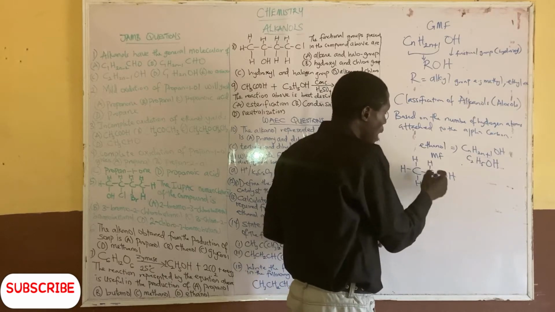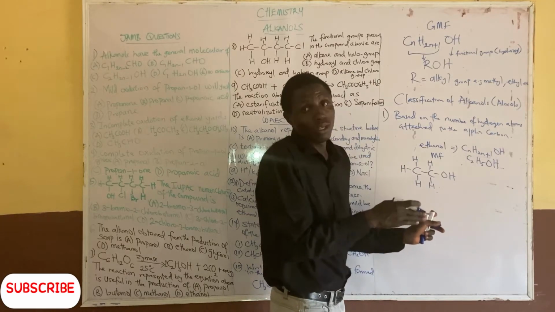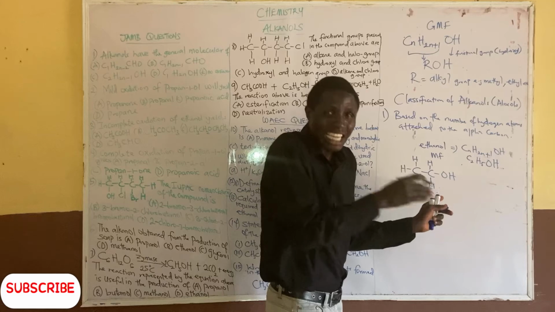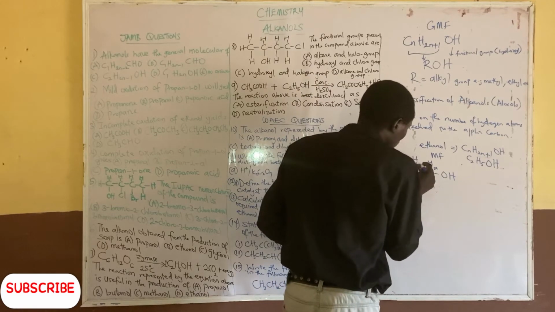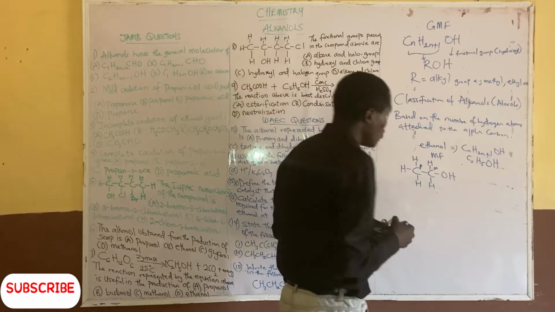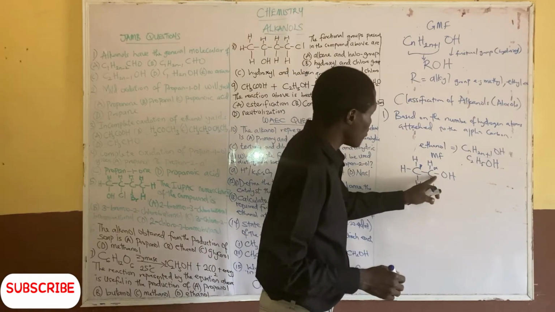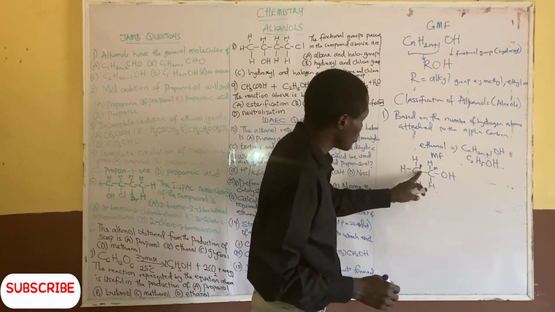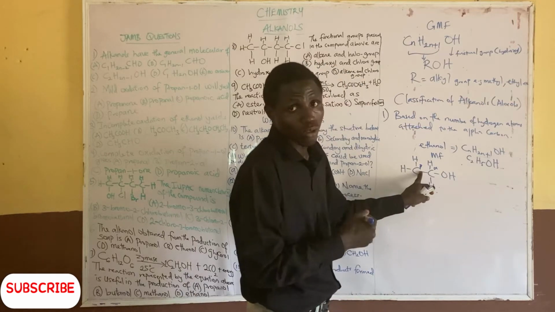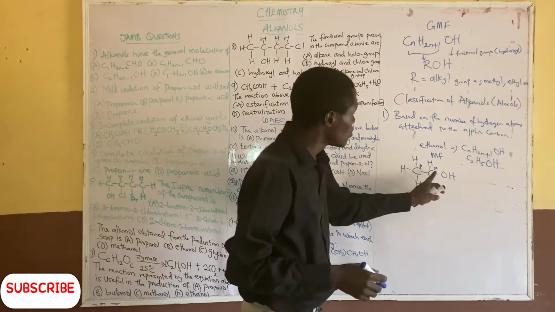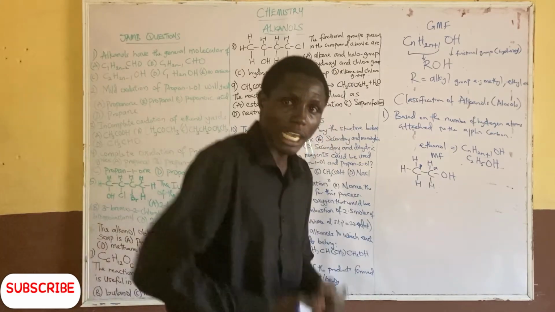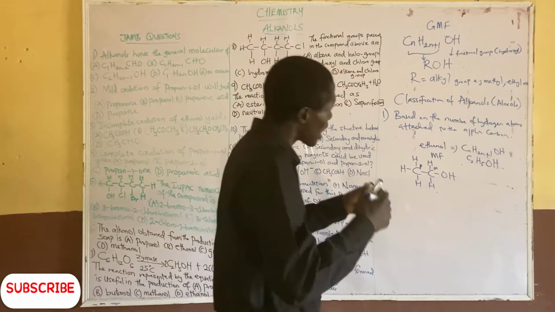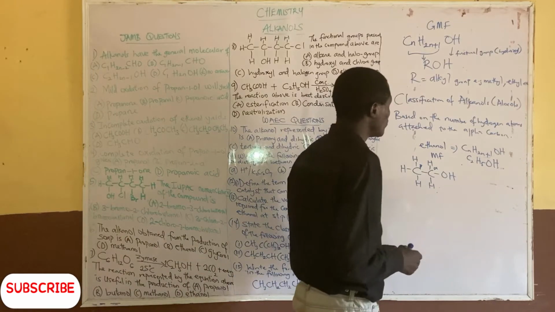We call the carbon that directly connects to the OH the alpha carbon, and the next one is called beta carbon. The next one after this we call gamma. So this is what we know as alpha carbon, the carbon that connects directly to the hydroxy group.